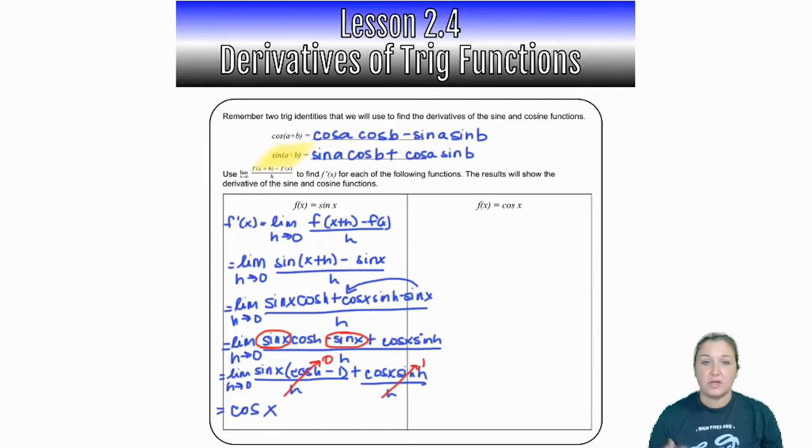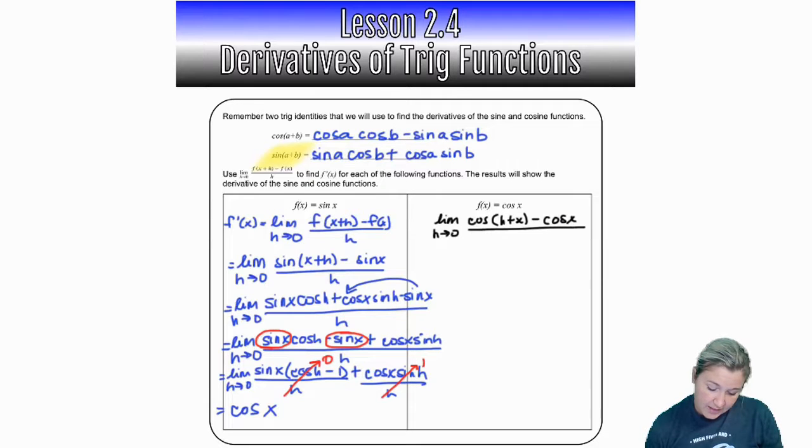Now let's look at the cosine of x and see what the derivative is. So I'm going to use the difference quotient. So I'm going to take the limit as h approaches 0 of cosine of h plus x minus cosine of x divided by h.